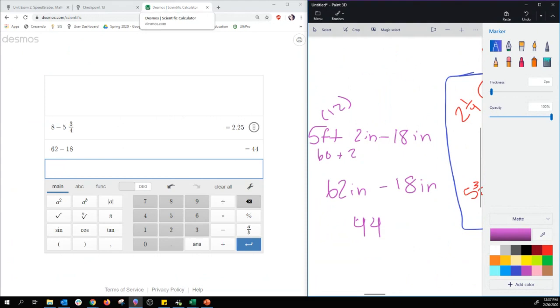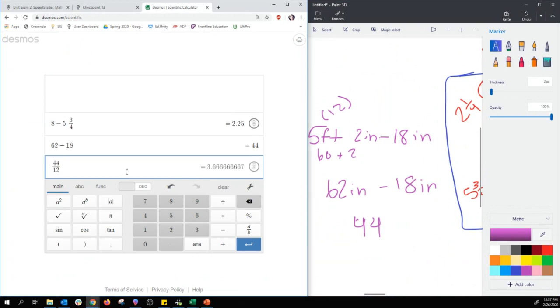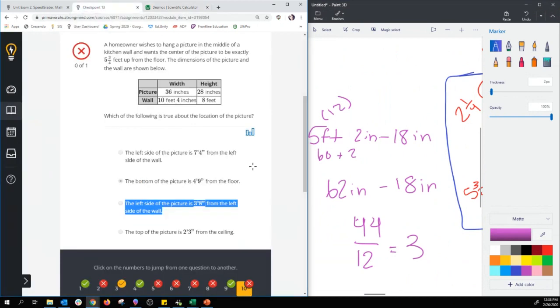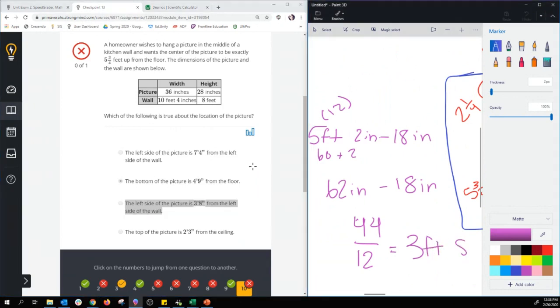Now to change this back into feet, because that's what our answer is in, I divide 44 by 12, and I get 3 total feet, and then I take the 0.6 and multiply it by 12, which gives me the 3 feet and 8 inches from the wall.